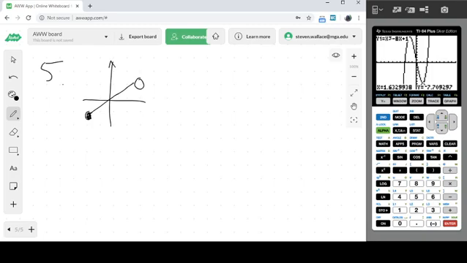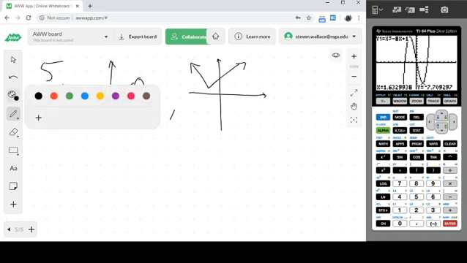Not only that, here's another one that's not a polynomial. Even though the domain is all real numbers, it's got a corner. Okay? So these are not polynomials.